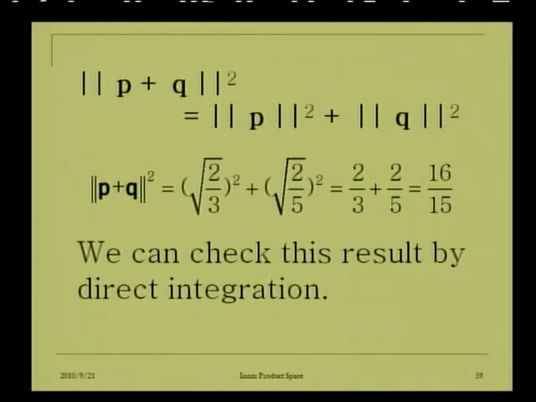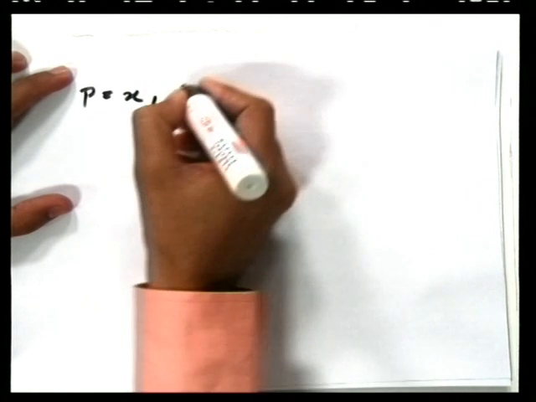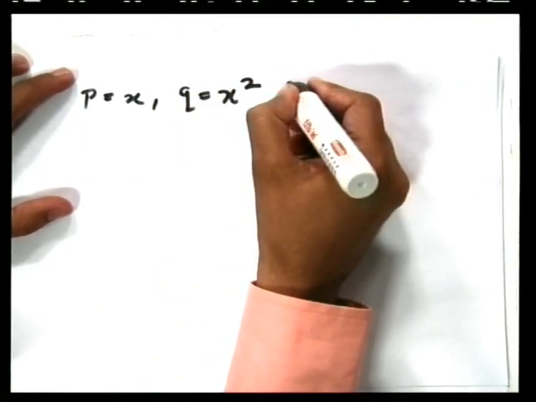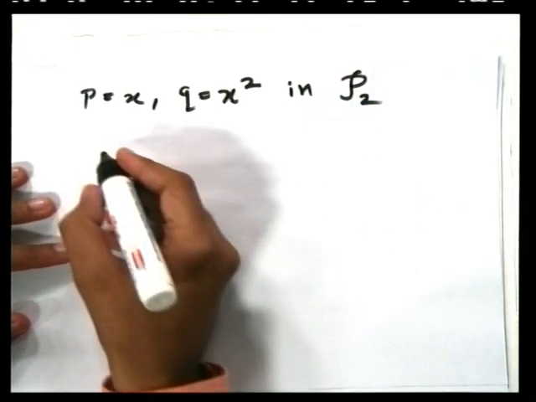We can check this result by direct integration. Let us go on Teletop and see the result by direct integration. The given vectors are p equal to x and q equal to x square in the inner product space P2.